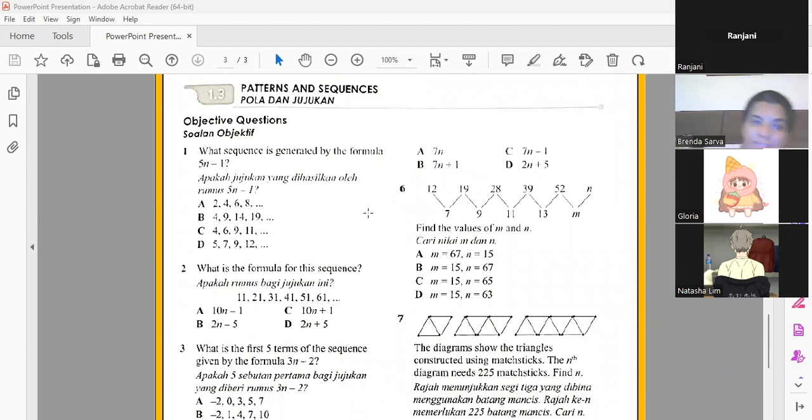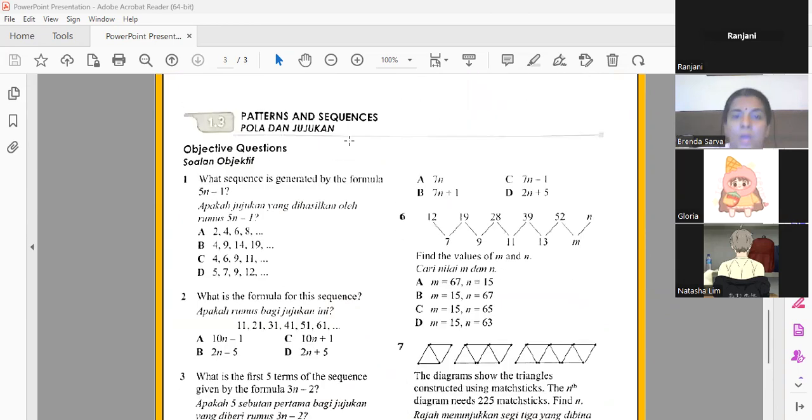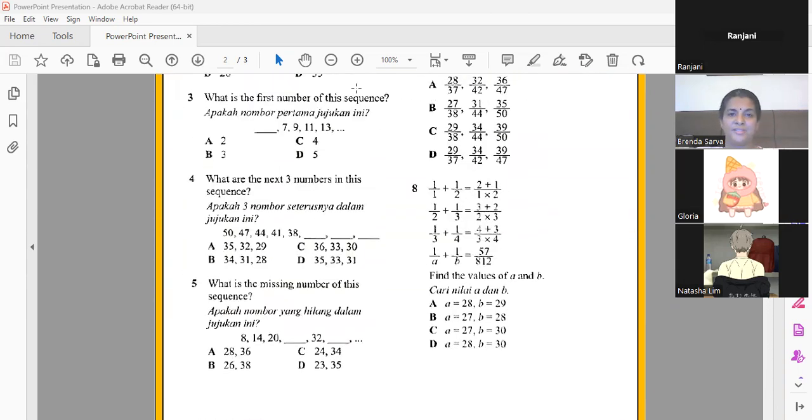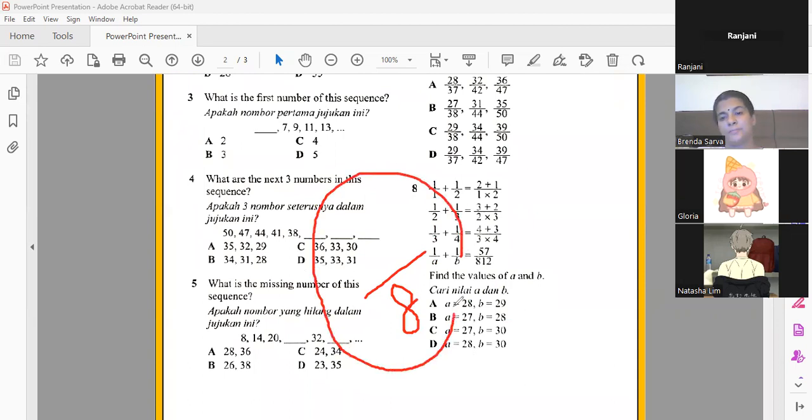Okay. So what sequence? Third page, I think. Oh, yeah. Forgot. Second page. Please tell me your score, girls. Out of 8 questions, how many you got? Very good, Gloria. Well done. How about the rest? Good, Durgashini.